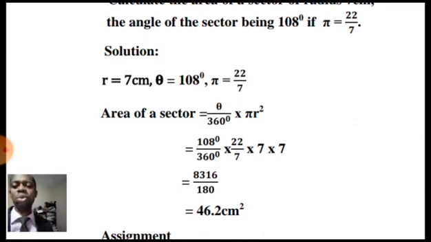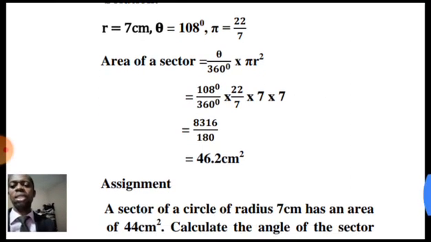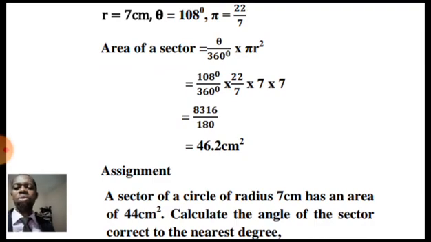So with example 1 and 2, I want to believe that you'll be able to solve area of any given sector at any point in time. Just make sure you keep practicing, and before you know it, you will discover that it is not difficult. So I'm giving you an assignment now. A sector of a circle of radius 7 centimeter has an area of 44 centimeters square.